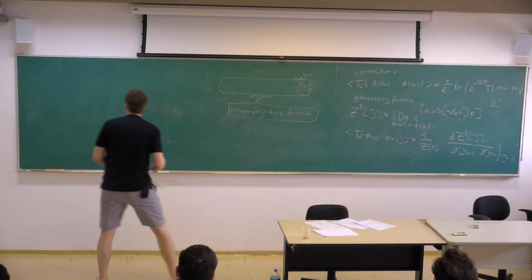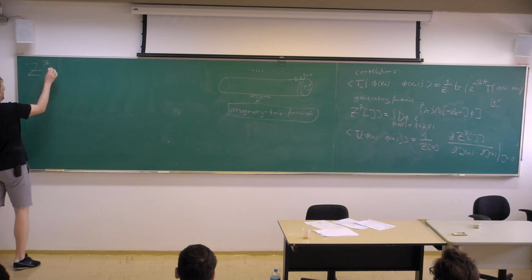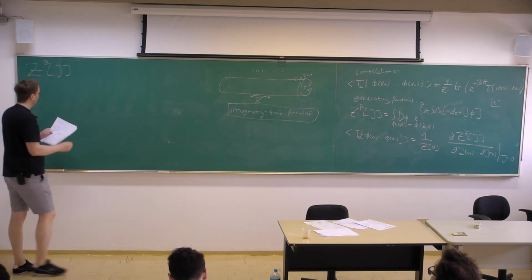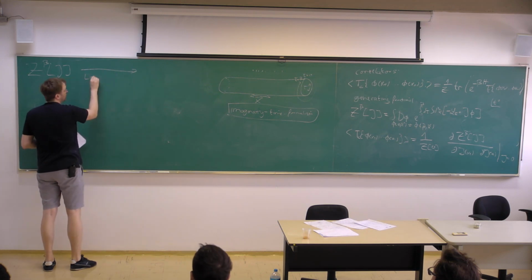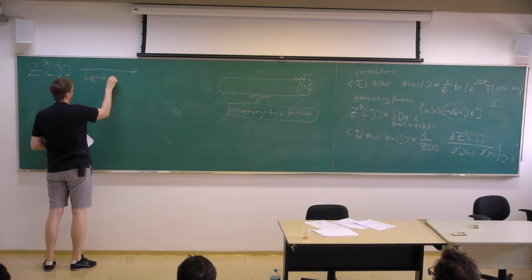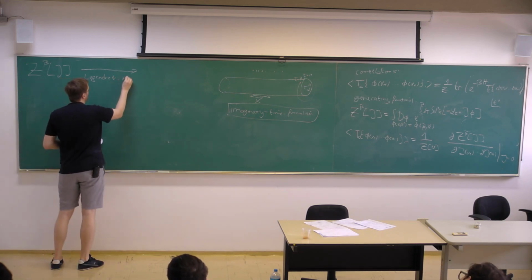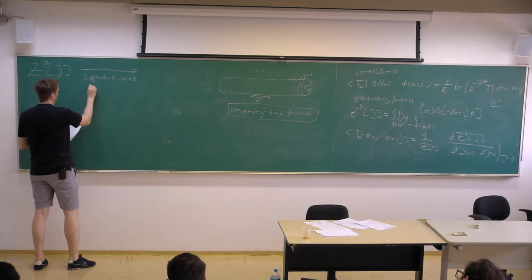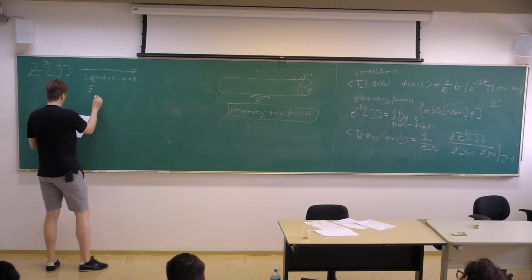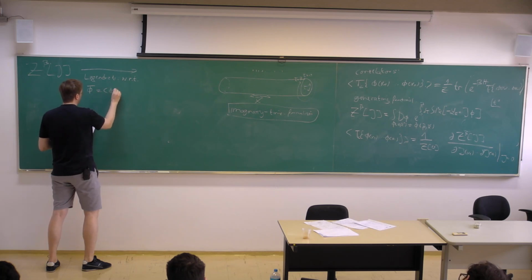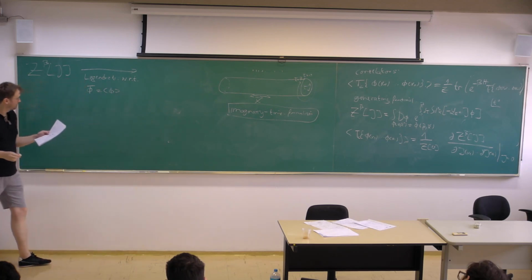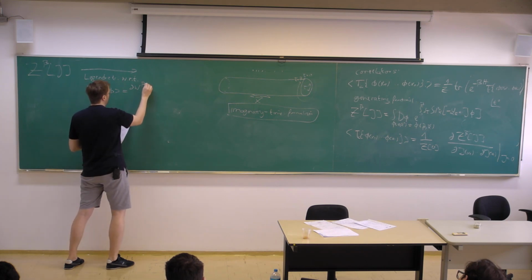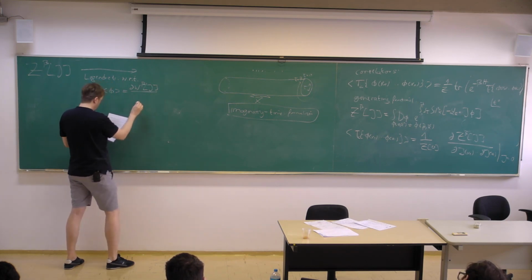From the generating functional, now beta, I always write superscript beta to make clear that it's the finite temperature version, I now do a Legendre transformation with respect to the classical field phi bar, which is just the ensemble average of my field operator phi, which I can get from the first derivative of this functional W with respect to the source.